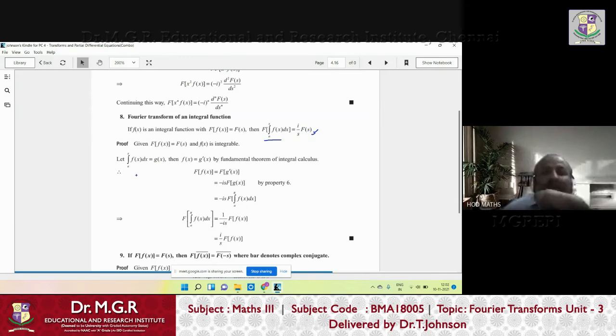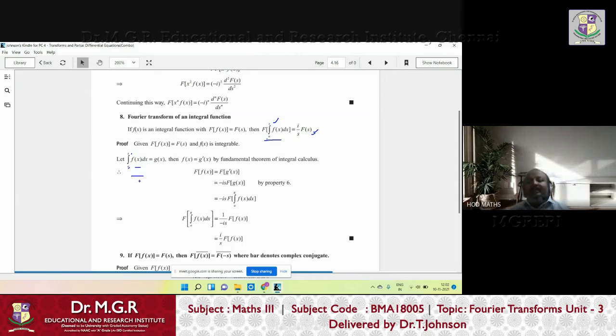Very simple, right? But here you have to check the limits. The limits should be a and x, not minus infinity to plus infinity. So you take the function, integral from a to x of f of x dx. If you integrate this function and apply the limits, a is a constant but x is a variable, so the final result will be a function of x, not a number.